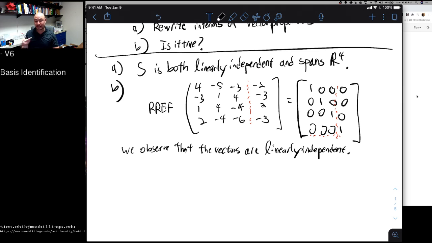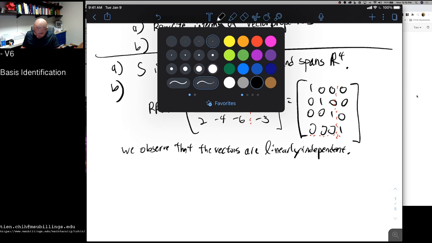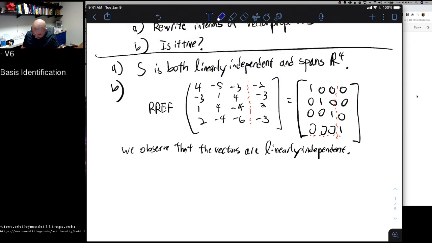Now the other criterion is to see if it spans. And if you recall, what we're looking for in spans is that I don't want to see any zero rows, right? If I had a zero row, then there could be a way to pick a vector so that the linear combination of these four vectors couldn't achieve the fifth vector.